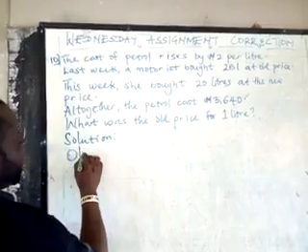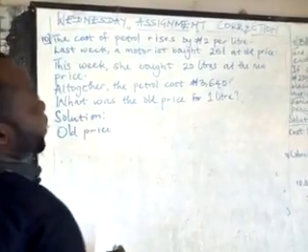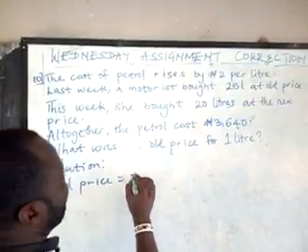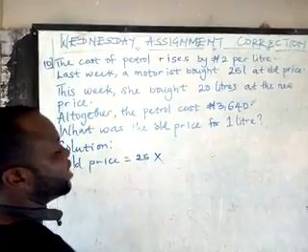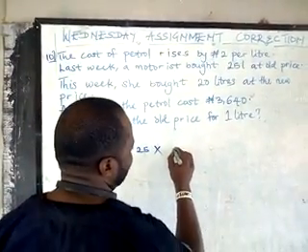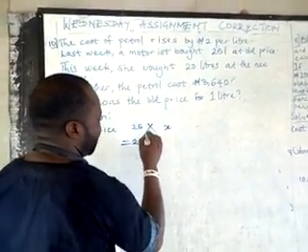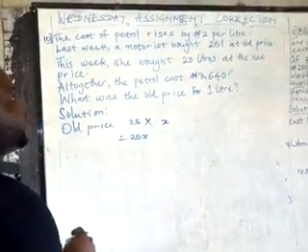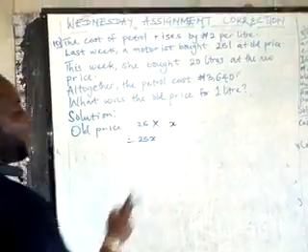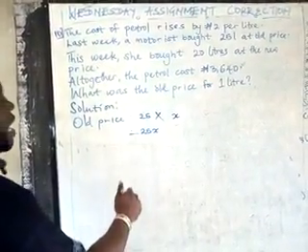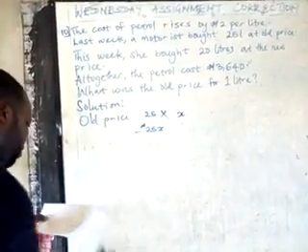Our old price will now be 25 liters times, let the price be X, which will now give us 25X, which means she bought 25 liters last week for how much? 25X naira. Are you getting it now?